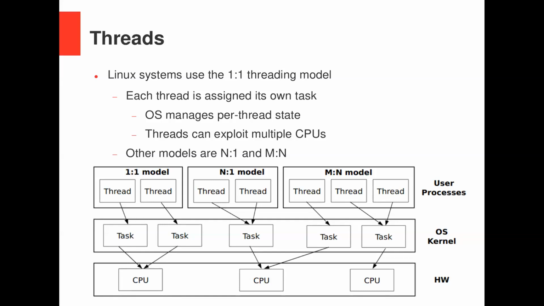Typically the way it will work, you create a number of tasks roughly corresponding to the number of CPUs that you have, so that you allow parallelism. And then in user space, you can still switch different threads on different tasks, right? So you can decide which task you're going to use. Effectively now you have two-level scheduling. One is happening in the operating system kernel itself, which schedules tasks on different CPUs.